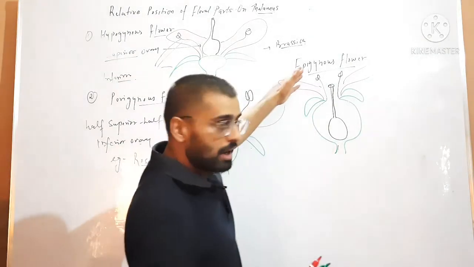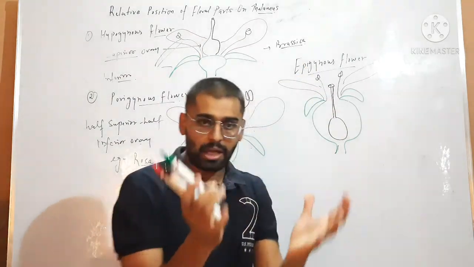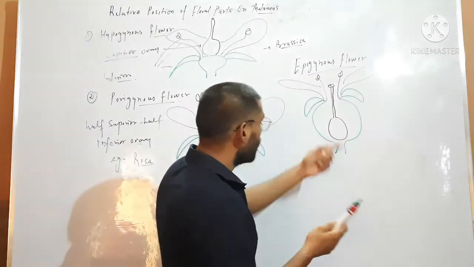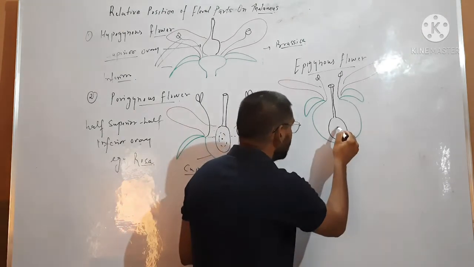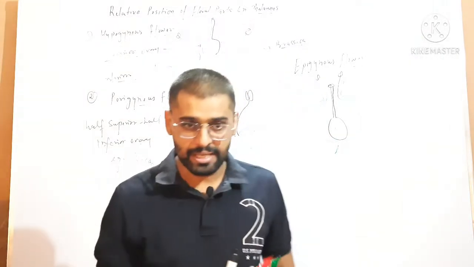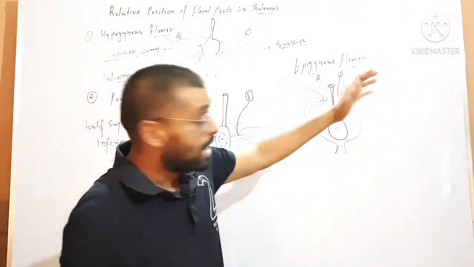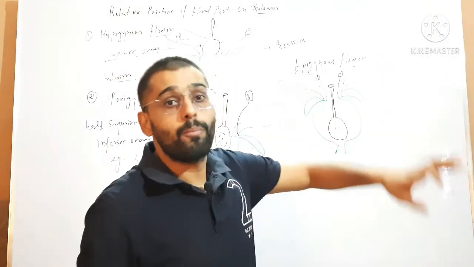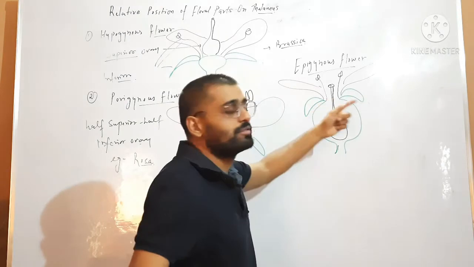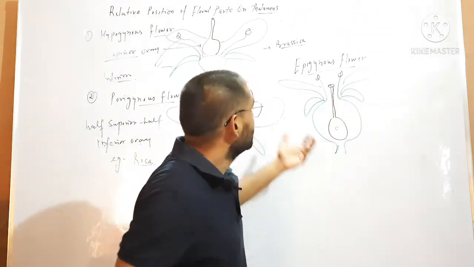In epigynous flower, the thalamus becomes cup-like and the ovary is situated at the base of this cup-like thalamus. Other parts, calyx, corolla and androecium, are present at the top, or you can say at the mouth of this cup-like thalamus.